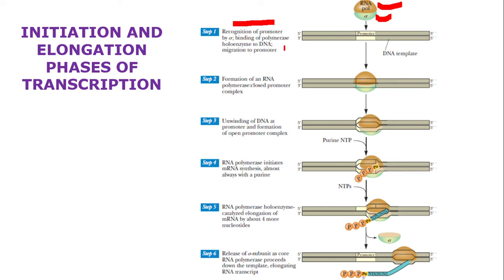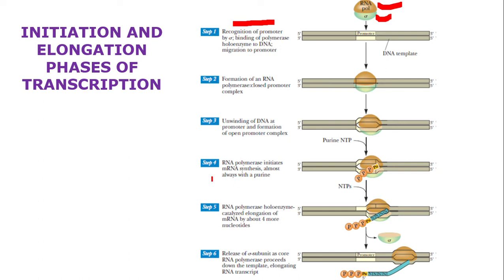Binding of the polymerase enzyme takes place, and formation of the RNA polymerase closed complex is there. Closed complex is this one, and then unwinding of the DNA in that part only, where the RNA polymerase is there, forming an open promoter complex. We say an open bubble.